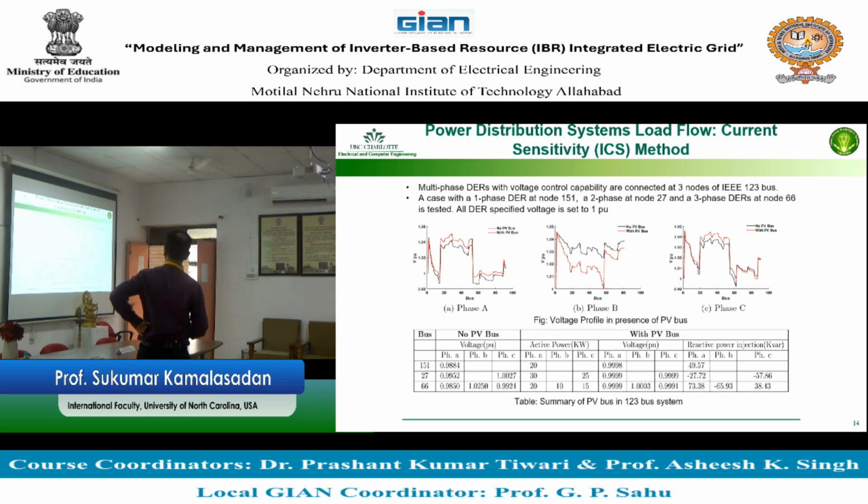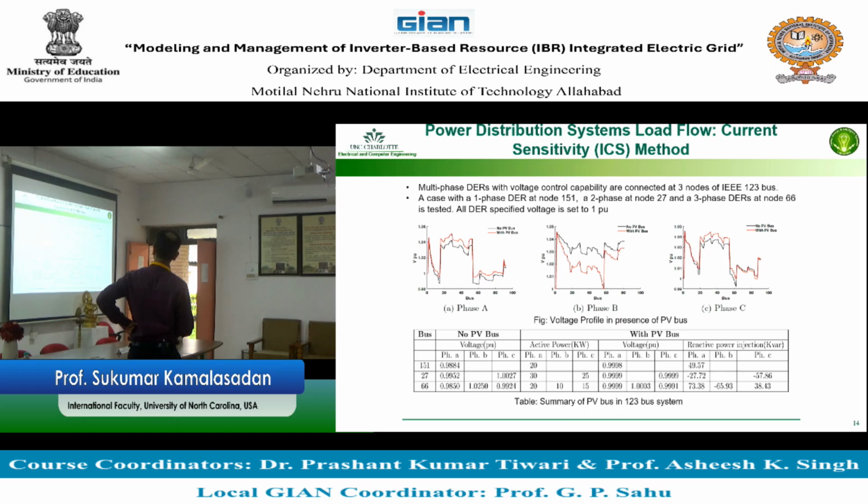Now you can also run this same power grid power flow model with DERs. This is an example test case where DERs with voltage control capability are connected on bus number 3 of the 123 bus system. What happens to the voltage? You see the case with no PV and the case with PV.